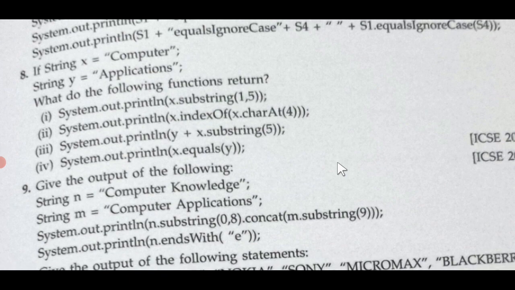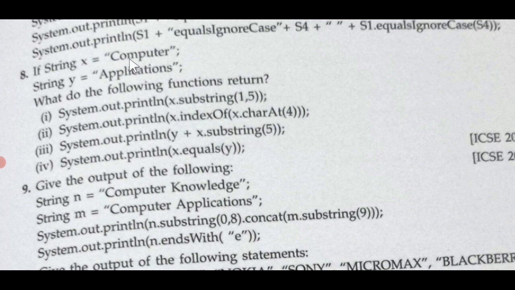After that, students, we have x equal to computer, y equal to application. What do the following functions return? So x.substring(1, 5), x.indexOf(x.charAt(4)). Substring is going to return 1 comma 5.